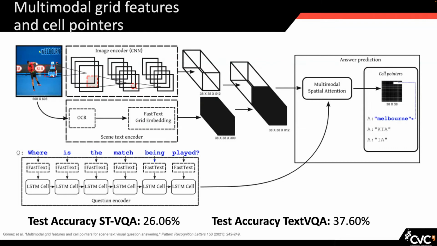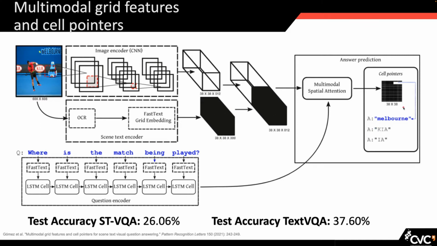Because when you run an OCR, automatically, not only do you get the text, but you also get the bounding box information. So what they do in here is, if the Melbourne is over here, then we are going to get the fastText representation and then put exactly where this occurs in this matrix, right? So you concatenate spatially the visual features and then also the OCR features.